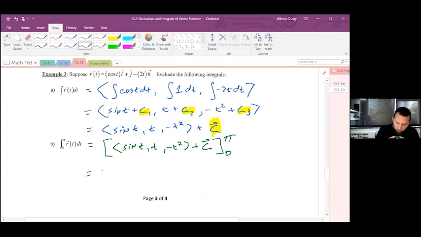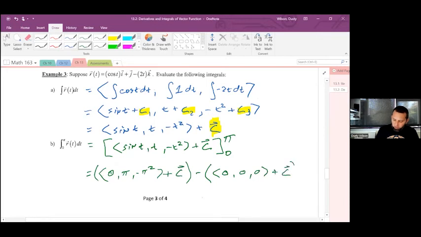Well, at pi, sine of pi is 0, t is pi, and negative t squared is negative pi squared, plus c, minus, sine of 0 is 0, t at 0 is 0, negative t squared at 0 is 0, also plus c vector.